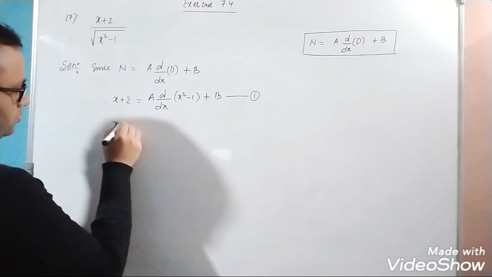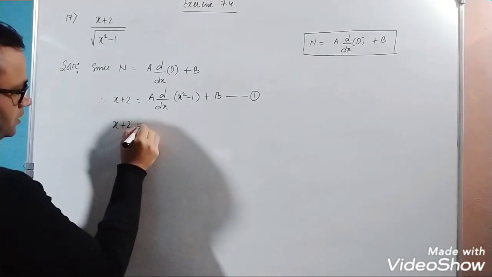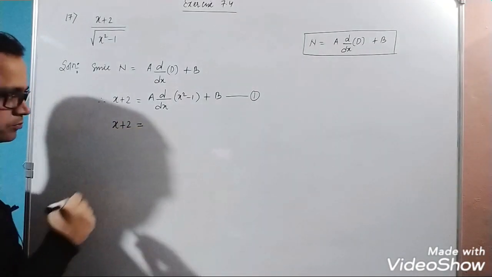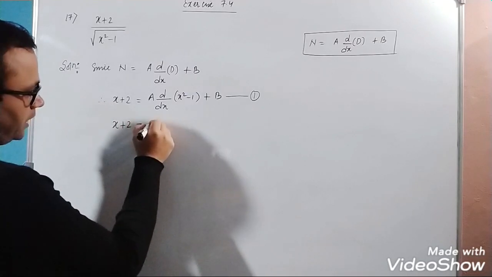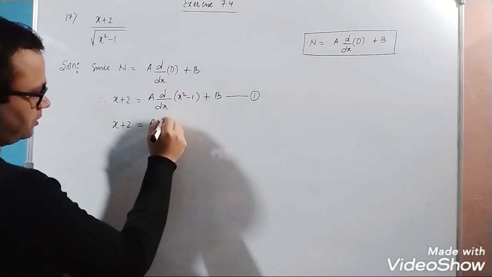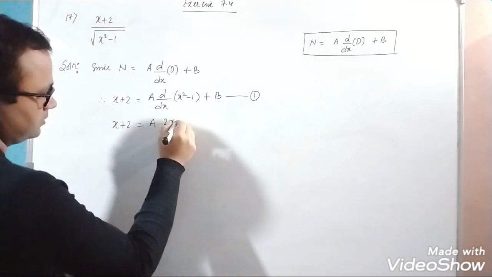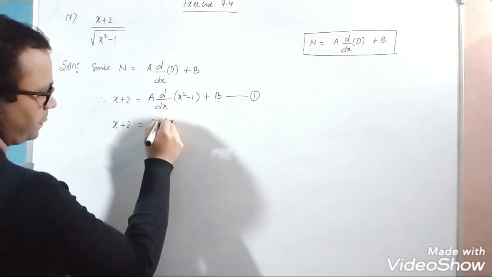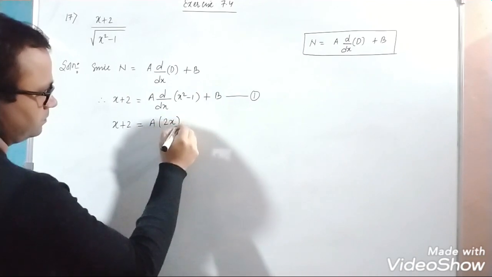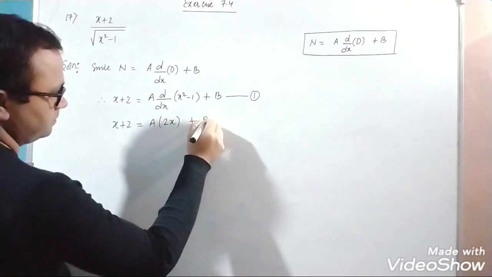Now differentiation of x square is 2x, so A times 2x plus B.